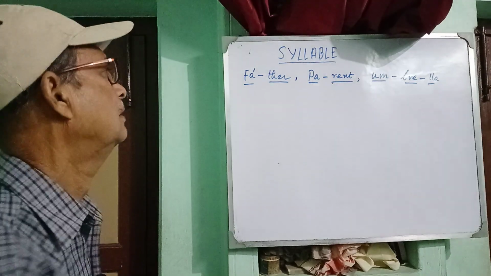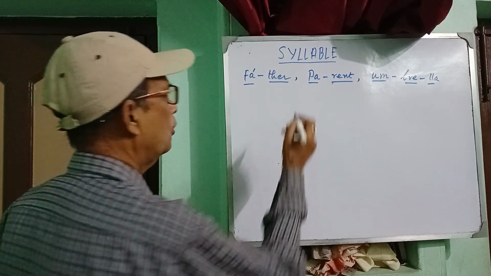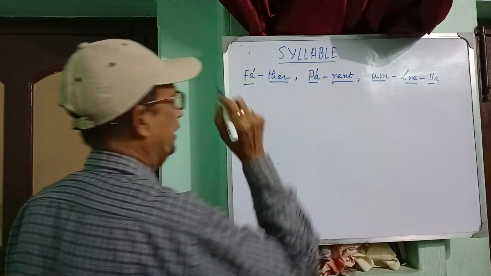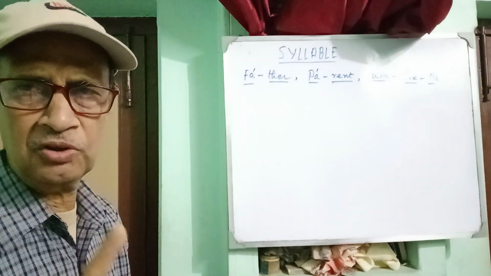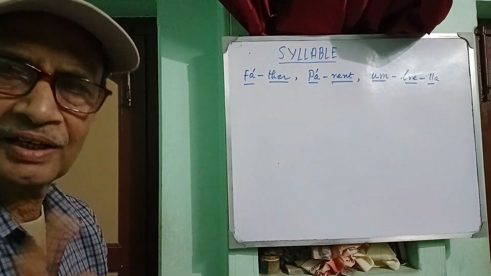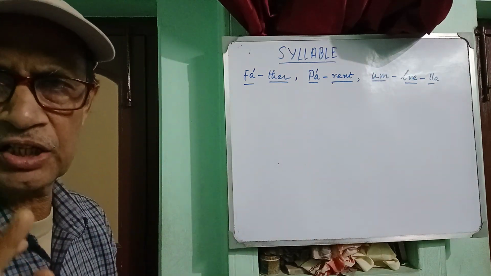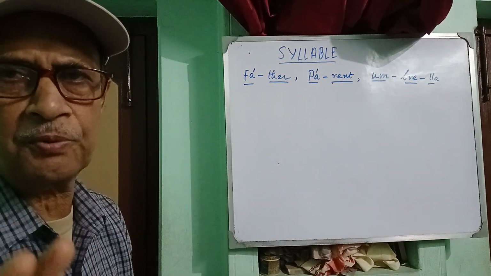Father, parent. So the accent should be on a vowel sound, parent. Clear? Parent is almost inarticulate or unpronounced.